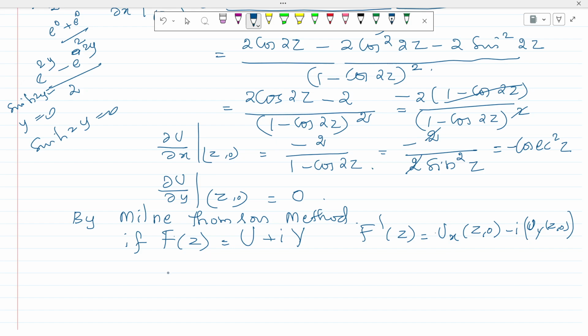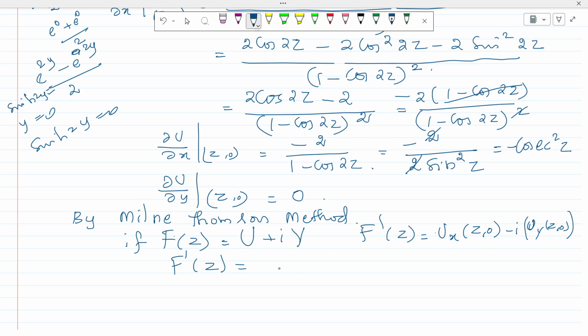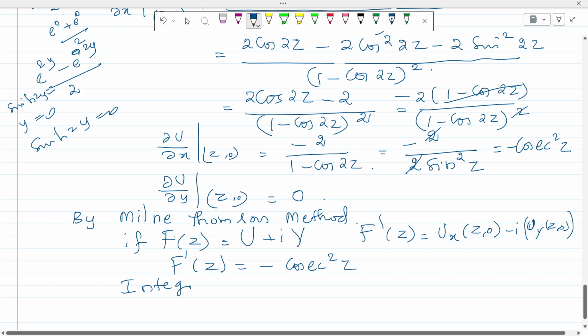Therefore f dash of z equals ux of (z, 0) minus i uy of (z, 0) equals minus cosecant square z. Integrate on both sides.